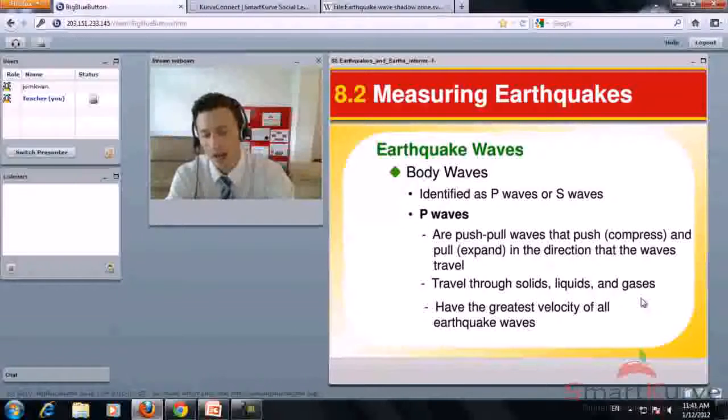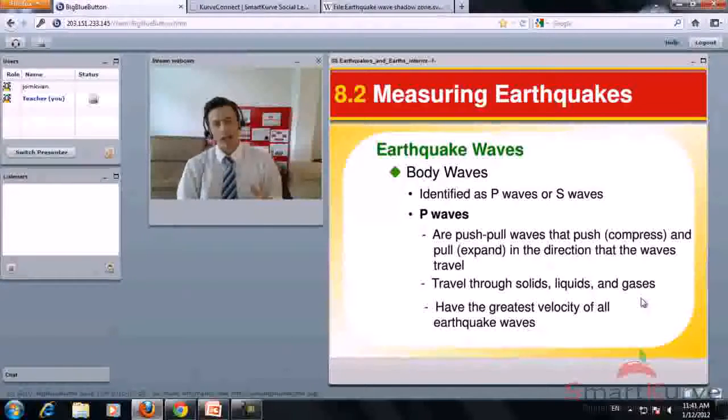Our P waves, you can remember P because P stands for push and pull. Those are the two things that P waves do. They push and pull on the earth. So they compress and expand in the direction of the wave.